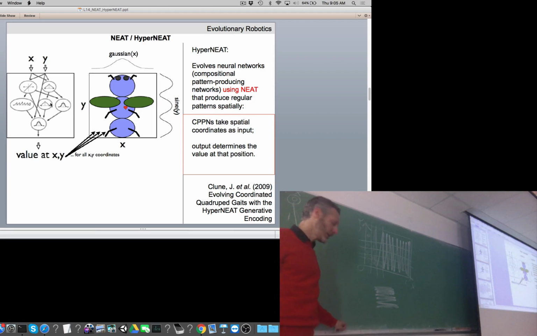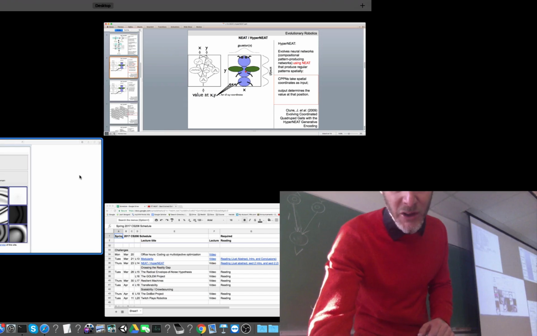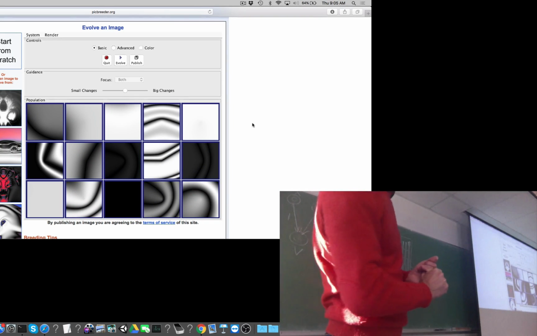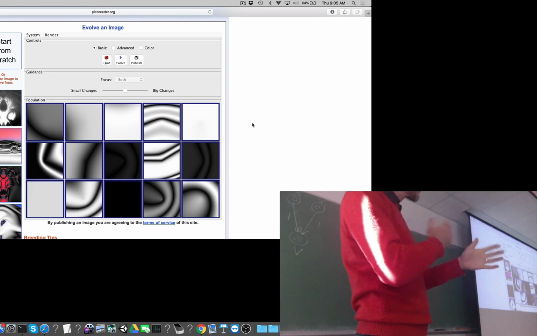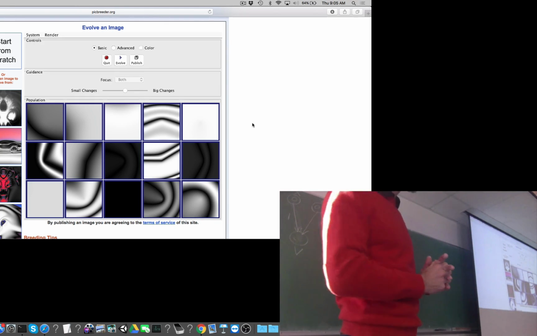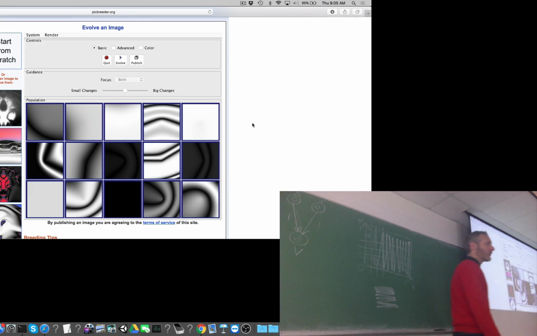Okay. Let me pause on this cartoon for a moment. There's a website which is great to play around with. This is pickbreeder.org. This was originally created when NEAT was created as a way to visualize what it's actually doing. You can see here we've got 15 panels. What do you think lies behind each of these 15 panels?